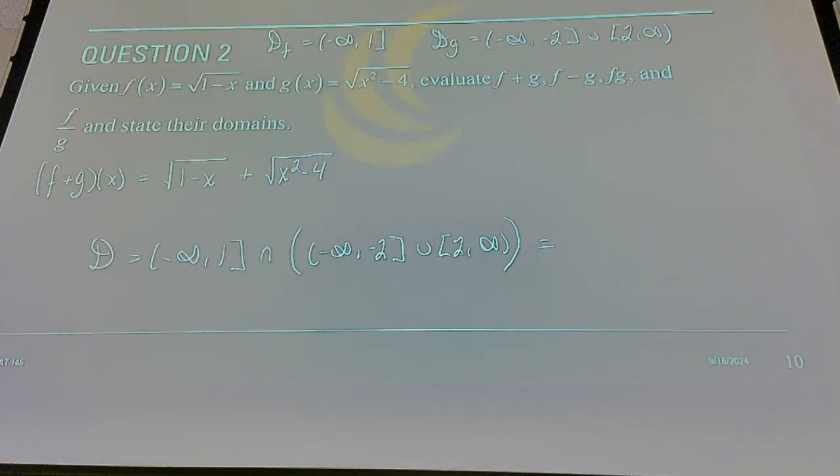So what do those two sets have in common? Negative infinity. I agree, negative infinity. -2. I agree. It has all that in common, right?